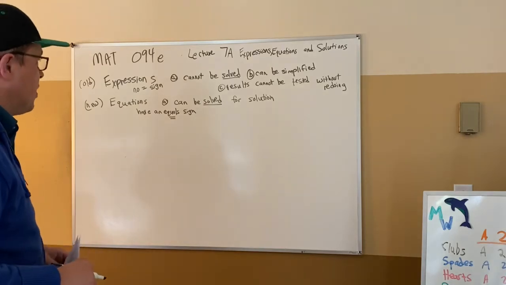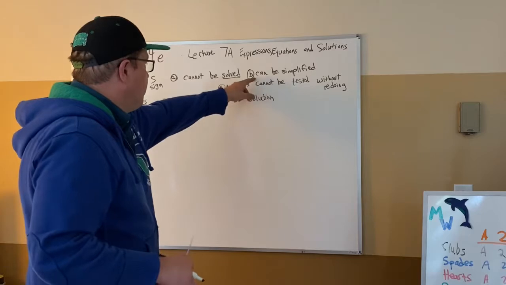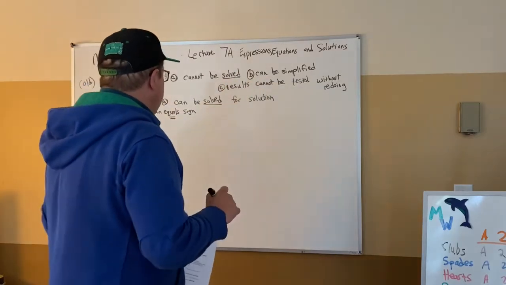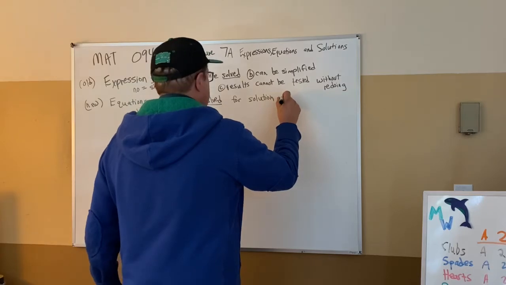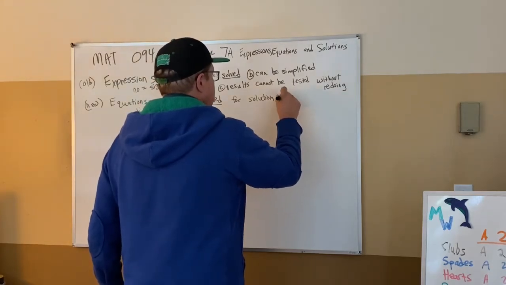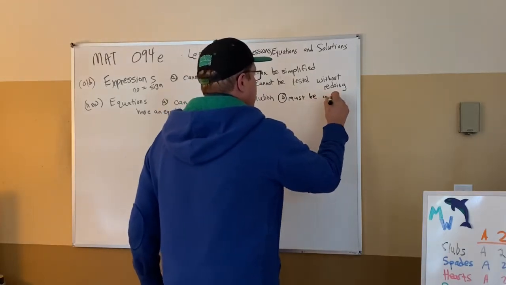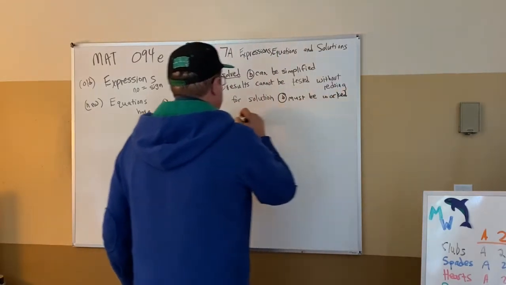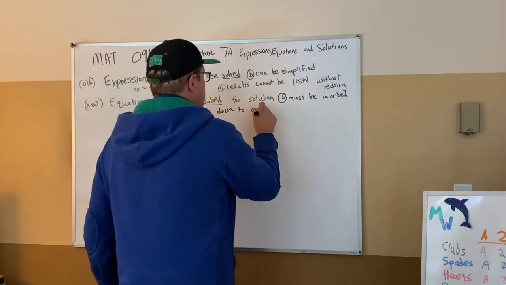So that's what an expression is. So they can't be solved, but these can be solved. They can be simplified, okay? But the thing about this is, B, must be worked down to one, usually answer.